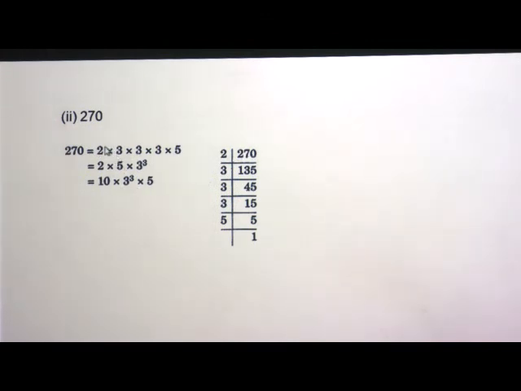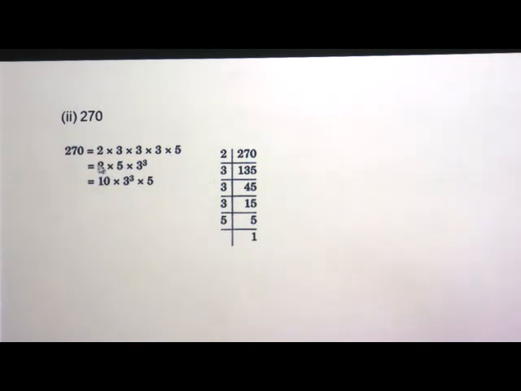Now, you will find something here: we have 2, we have 3, and we even have 5. So, we write all the factors, then look at the common base. Here we have 2 only 1 time, so we write 2. We have 3 three times, so we write 3 cube, and 5 is 1 time, so we write 5.